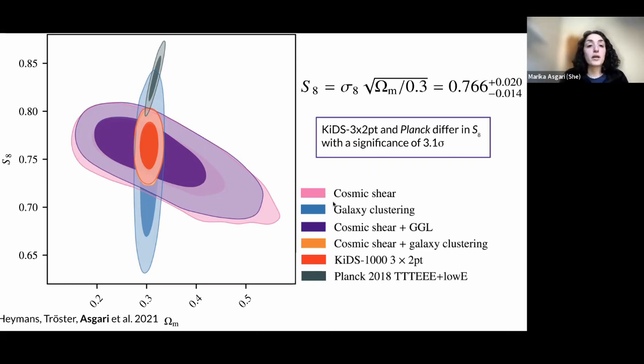And then you can see Planck in gray as well. And this red contour, as you can see, has a similar tension to Planck as the cosmic shear one had. So it's about 3.1 sigma. So they didn't really change any of the results doing the combination. And we've actually done combinations with CMB lensing as well, and that also gives similar results. So it just makes this contour a bit smaller.